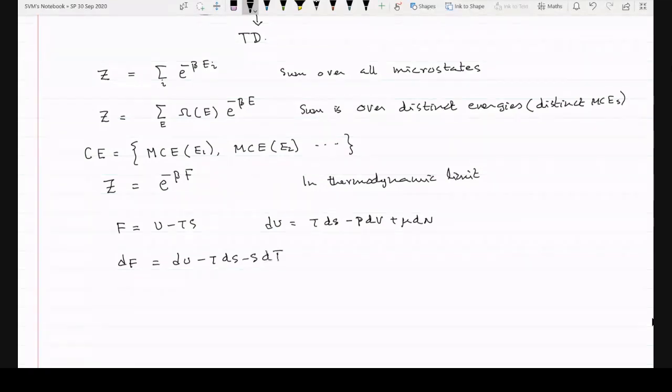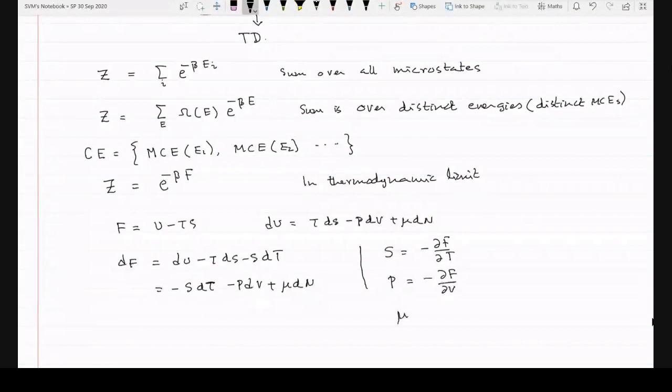So this gives you minus sdT minus pdV plus mu dN. So if you are interested in calculating entropy, it is obtained as a negative partial derivative of F with respect to T. If you want to write down the pressure, it is the negative partial derivative of F with respect to V, and if you want to calculate chemical potential, it is the partial derivative of F with respect to N.